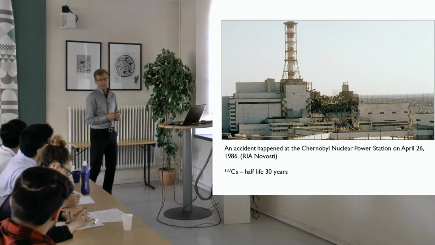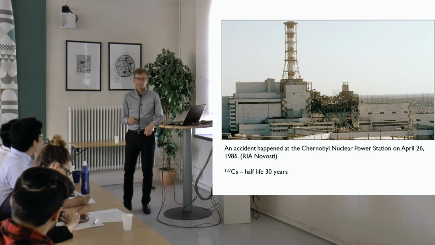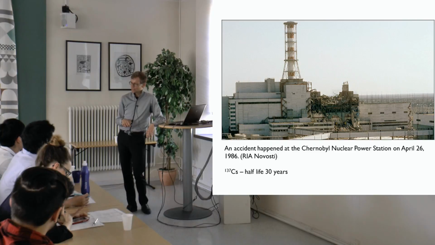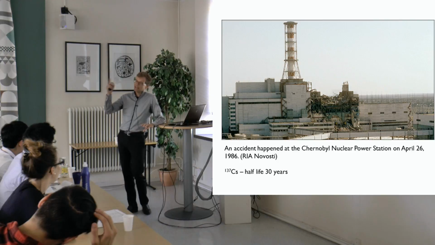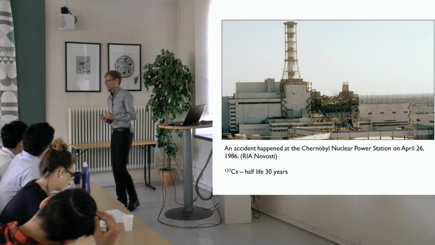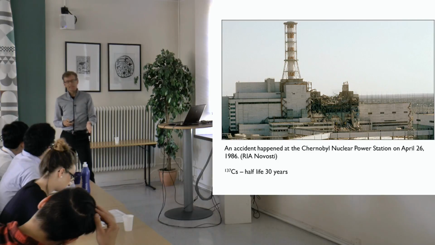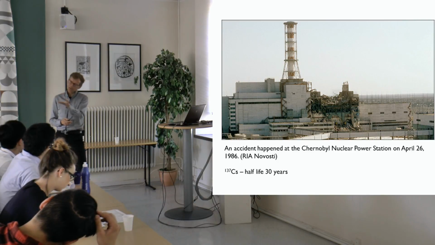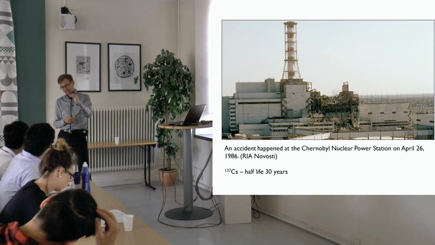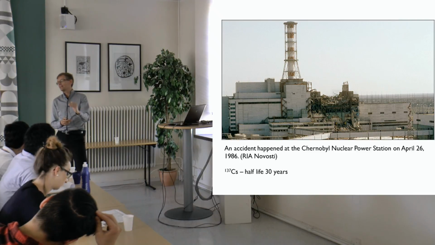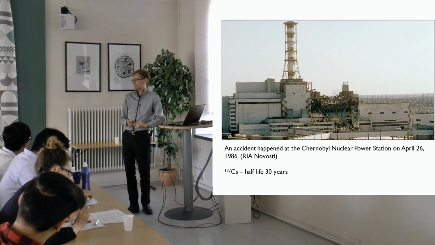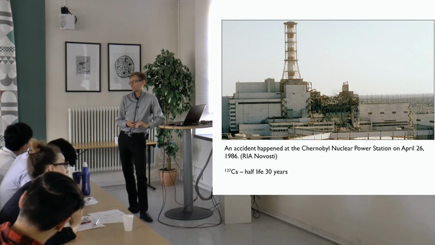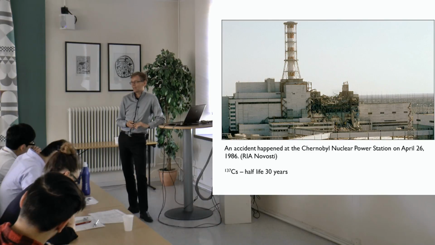I sometimes work with sediments, and then I like this isotope because it's a fantastic time marker. When we collect sediment cores here up in the north, we measure the activity of cesium-137, we get a peak, and we know that exactly at this depth we have 1986. So it's a very, very valuable time marker. But it means that still we find these in relatively high concentrations, measurable in the environment.